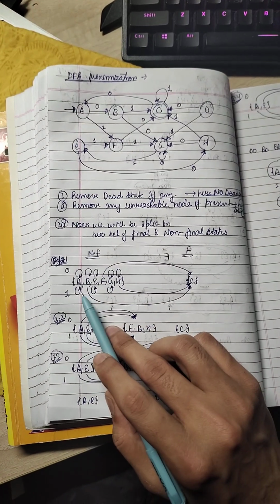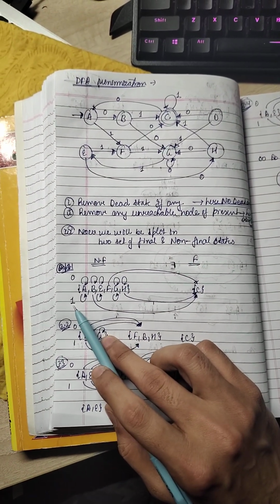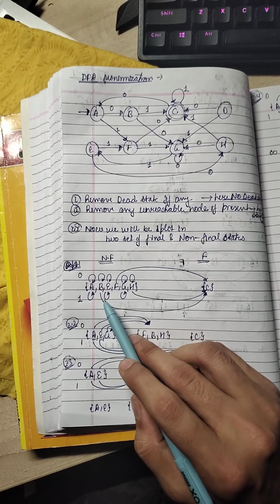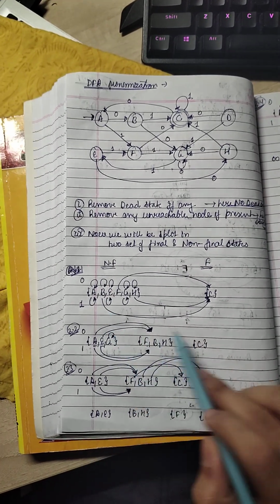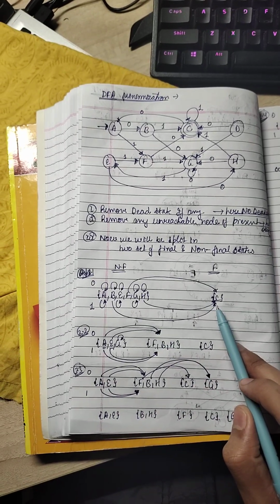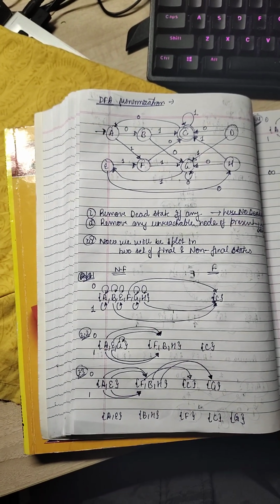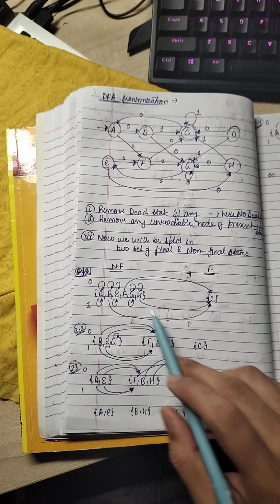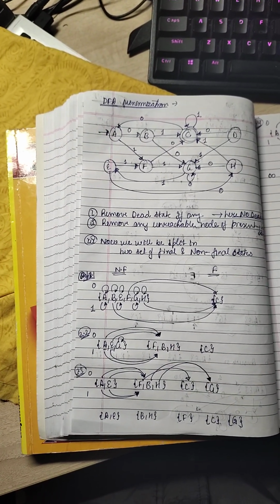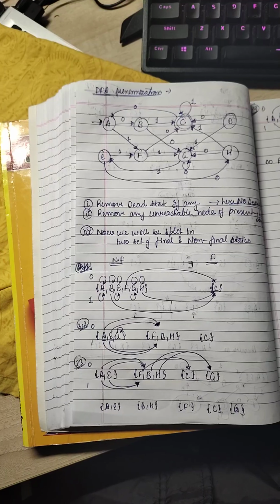So now let's check for the transition of 1. For A it belongs to the same set, for B it goes to C, and for H also it goes to C for the transition of 1. So we can say that B and H are also showing different behavior by directing to different sets.